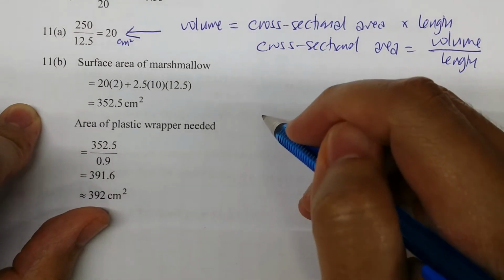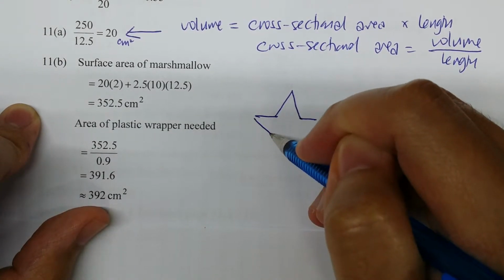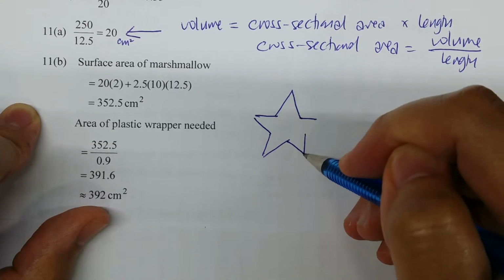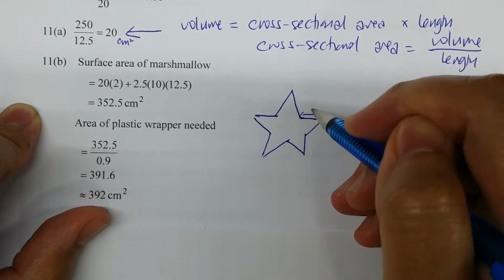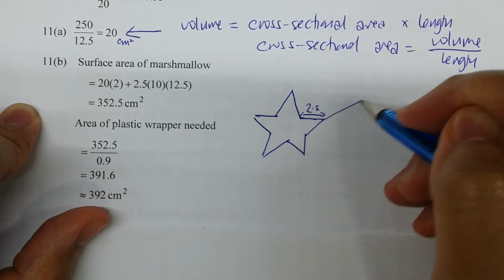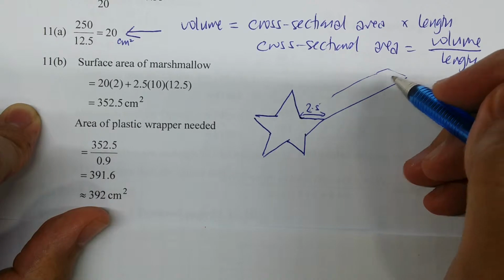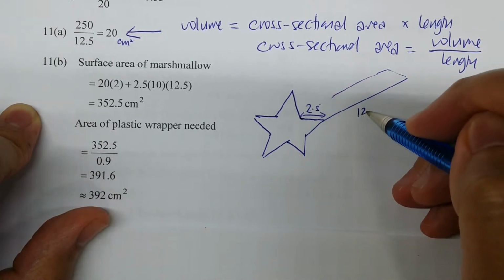The shape is like that, a star shape, and each side is actually 2.5. So they are actually rectangles, 2.5 multiplied by 12.5.